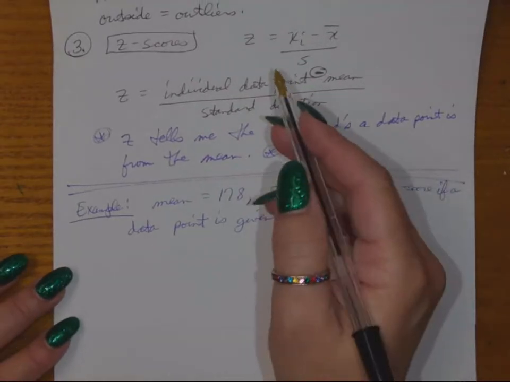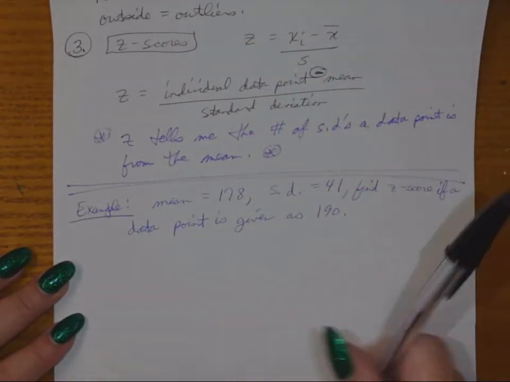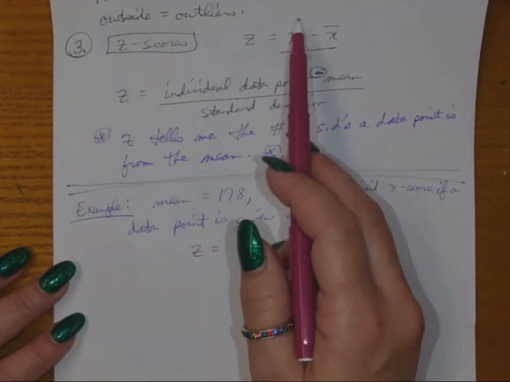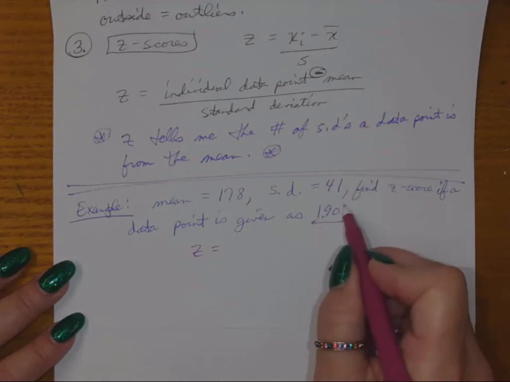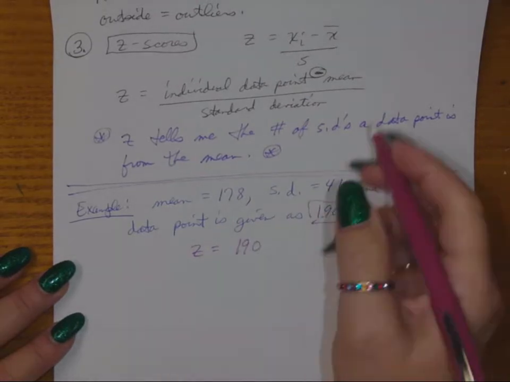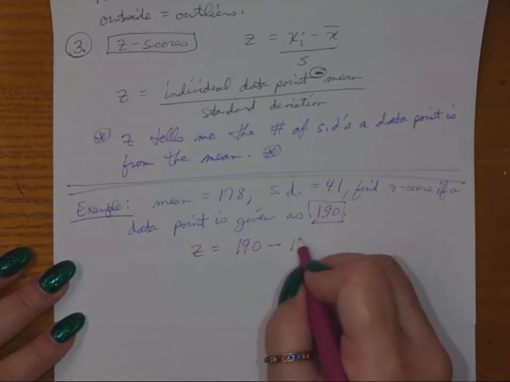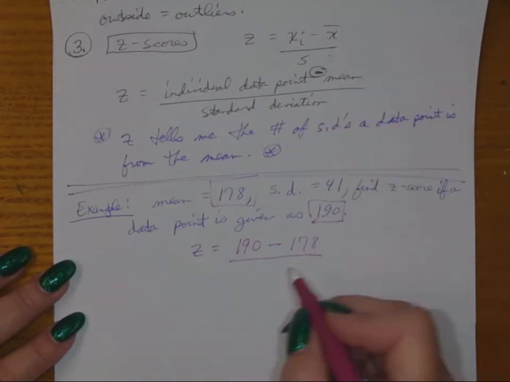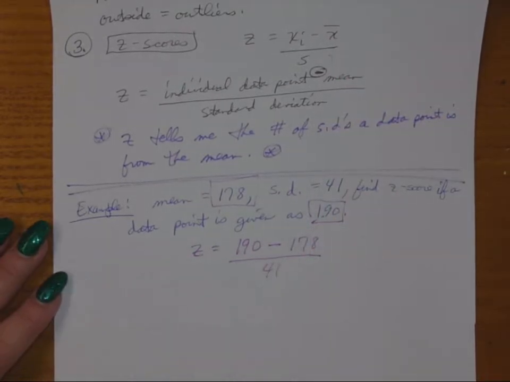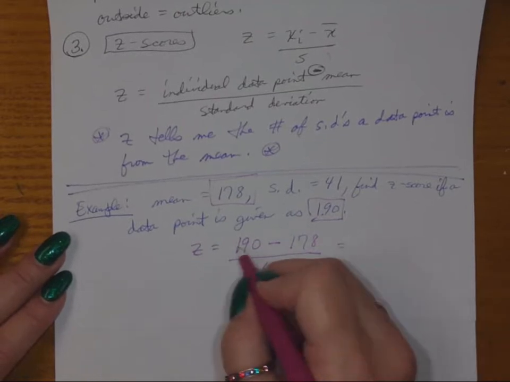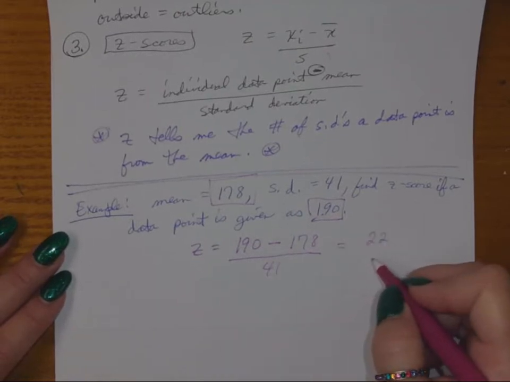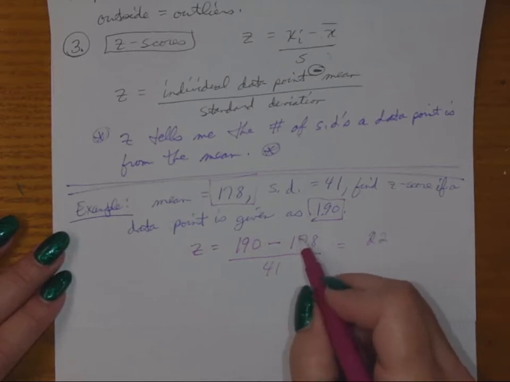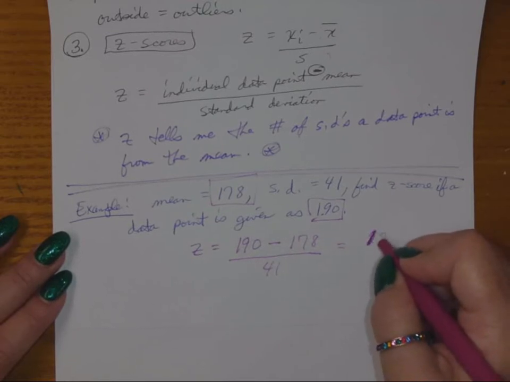We have to do the arithmetic here. So again, z equals my individual data point, x sub i, which is 190, minus x bar, my mean, which is 178, divided by my standard deviation, s, which is 41. That's 190 minus 178, which is 12.